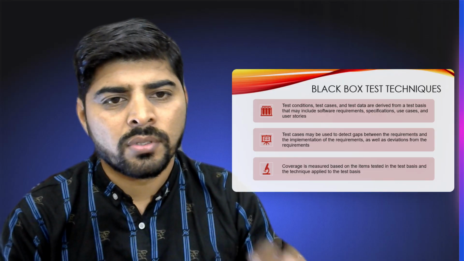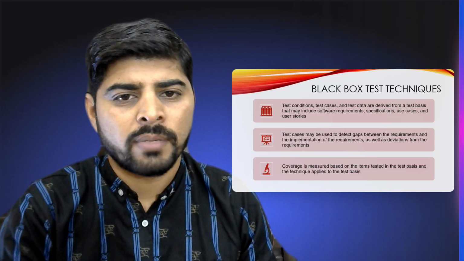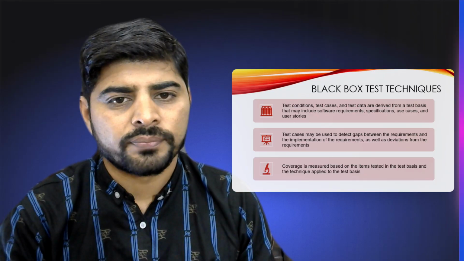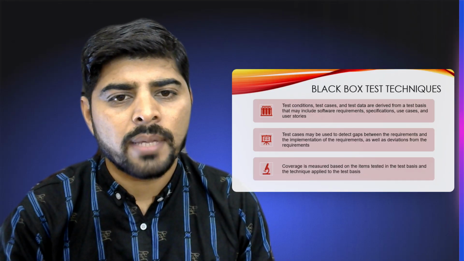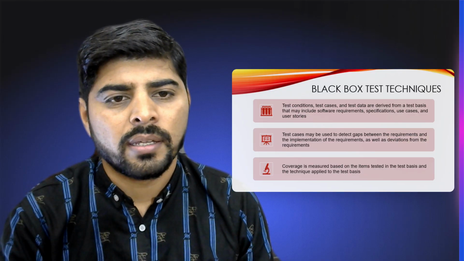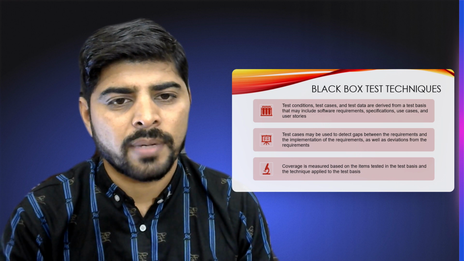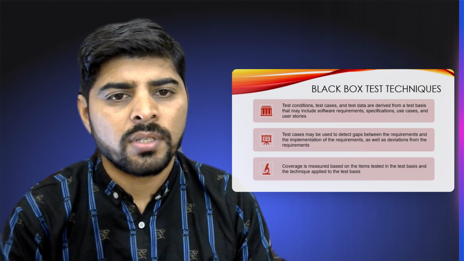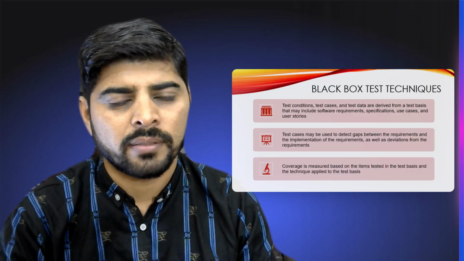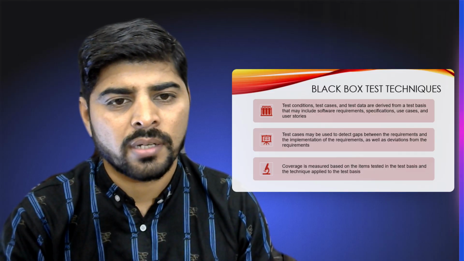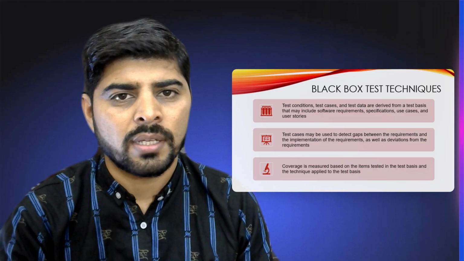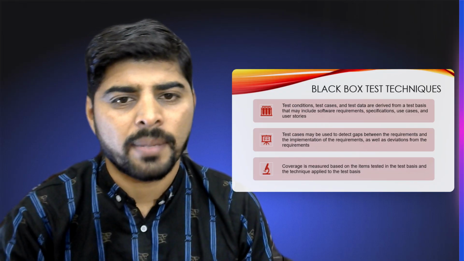If there are user stories written, usually in an agile environment, we use those. Test cases may be used to detect gaps between the requirements and the implementation of the requirements. As you know, we write test cases by reviewing the requirement specification document, so by writing test cases we can also identify gaps in the requirements.